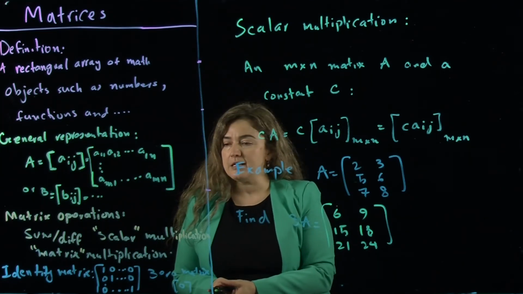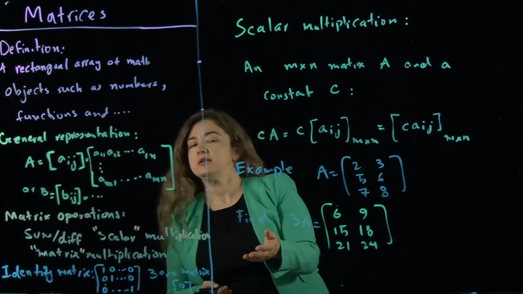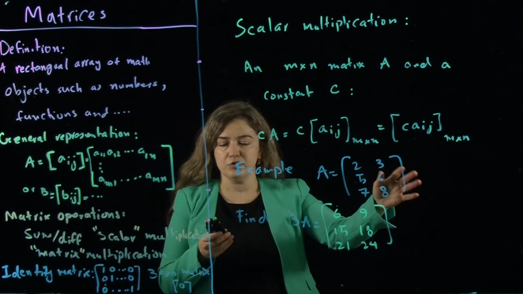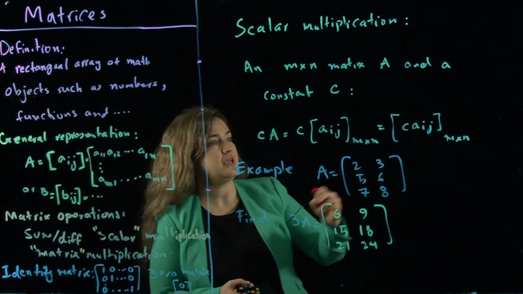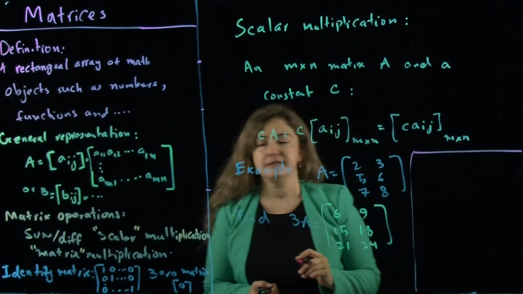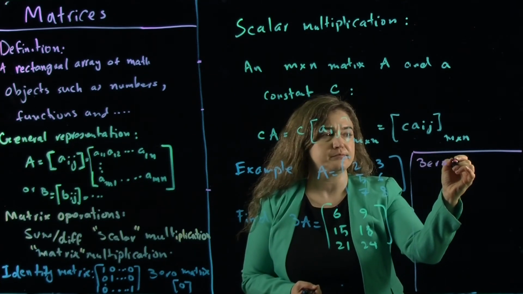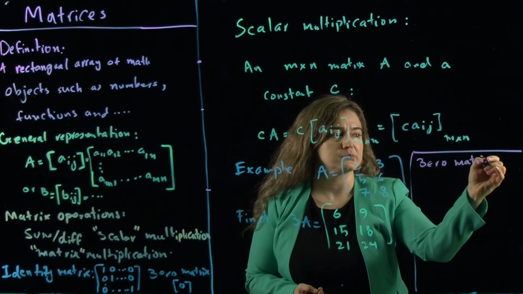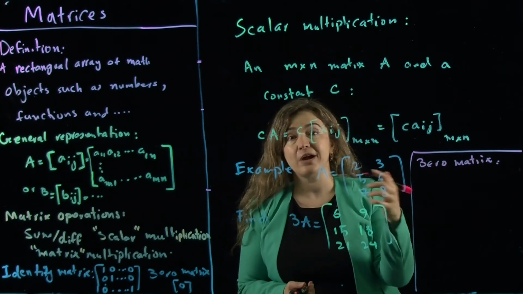The next thing that I wanted to discuss is the identity matrix and the zero matrix. I'm going to take a little space in here and first explain the zero matrix. So what is a zero matrix? For a zero matrix, we have to have a dimension.